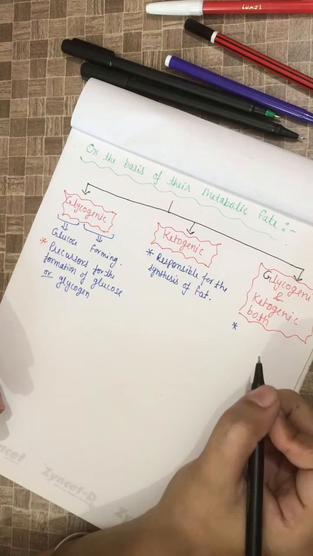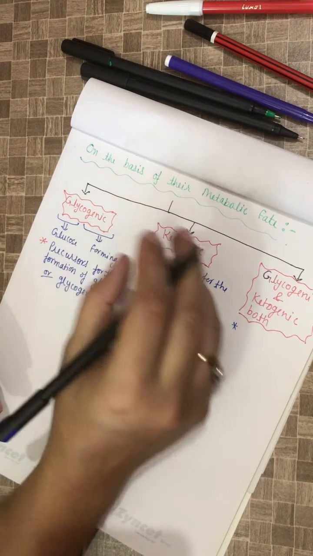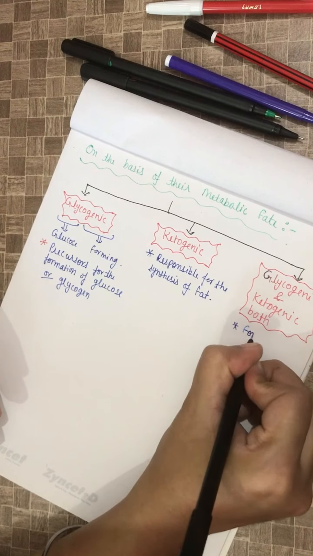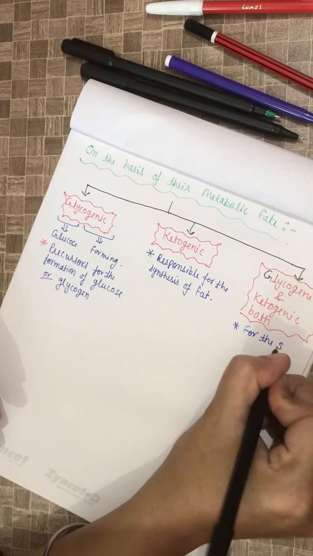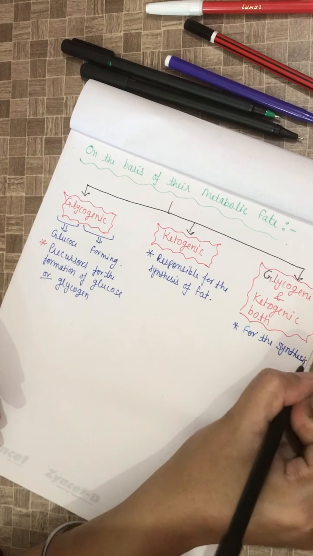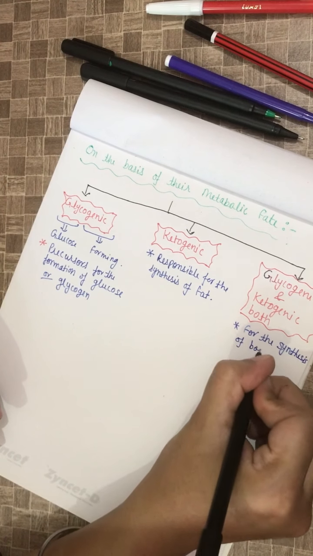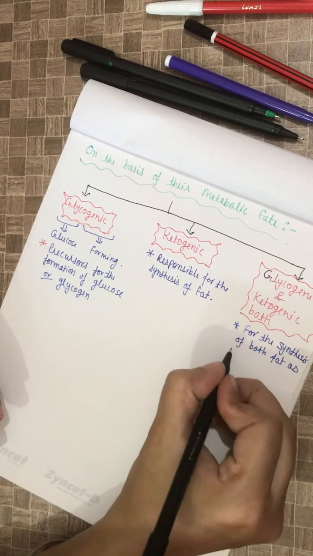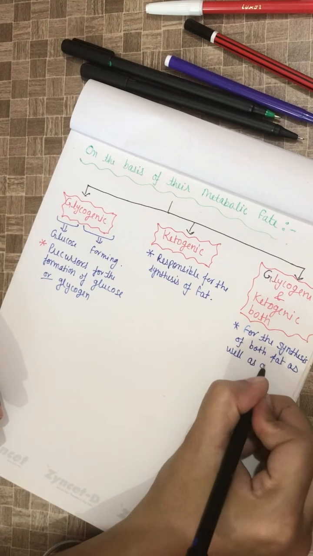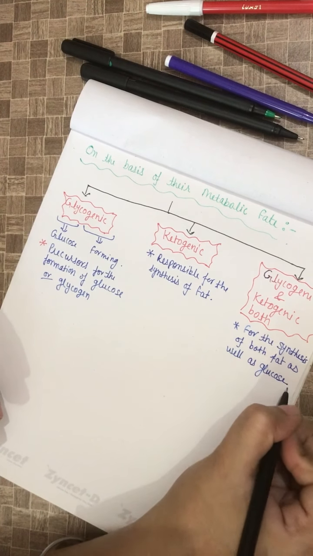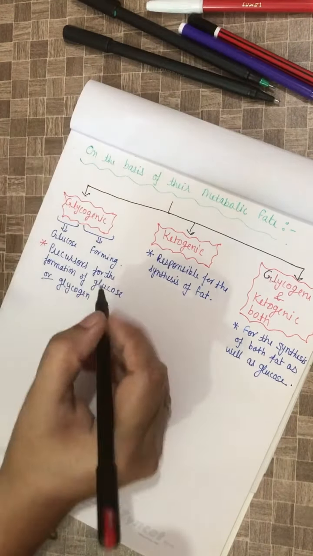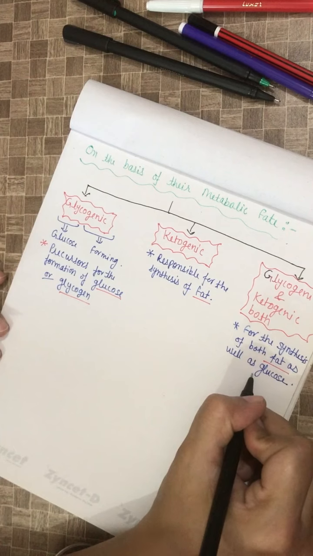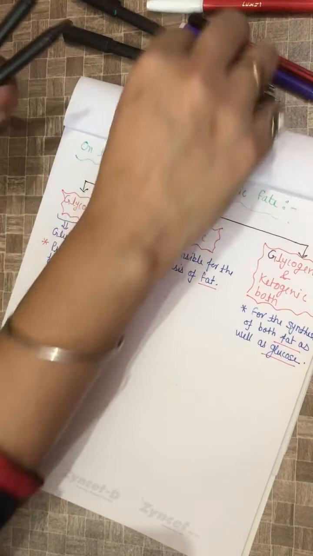And glycogenic and ketogenic are responsible for the formation of glucose as well as fat, for the synthesis of both fat as well as glucose. Okay. Formation of glucose or glycogen, formation of fat, and formation of fat as well as glucose.